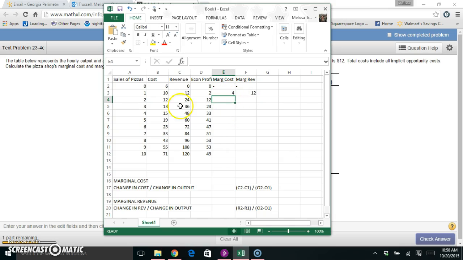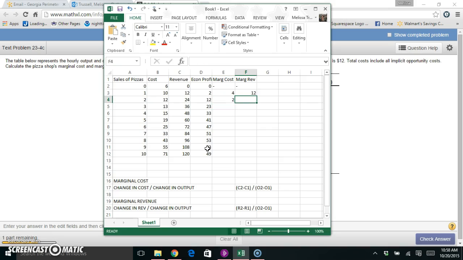We can do that in the second line. Now we're talking about our marginal cost from going from 1 pizza to 2 pizzas. So in this case, we go from a cost of 10 to a cost of 12. So on the top of our fraction here, we'll have 12 minus 10, divided by, on the bottom, we go from 1 pizza to 2 pizzas, so we have 2 minus 1.